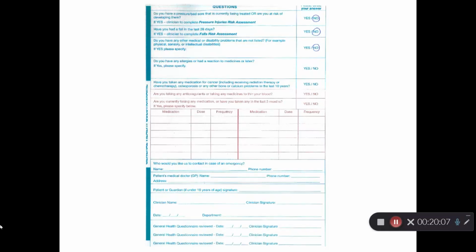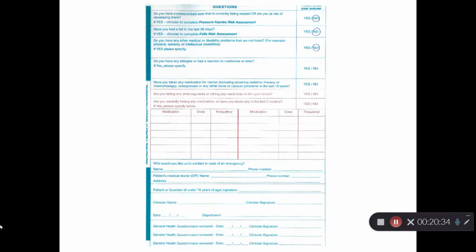But you can get non-latex rubber dam as well. So you just have to check that the rubber dam that's there in the clinic is not a latex one if you have the patient who has a latex allergy. Okay, so if they've got the latex one there, you have to ask one of the DAs to obtain a non-latex rubber dam for you to use.